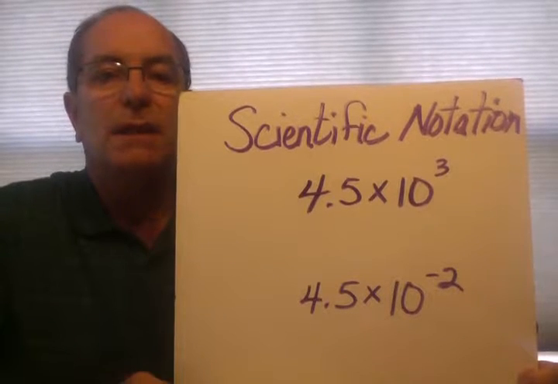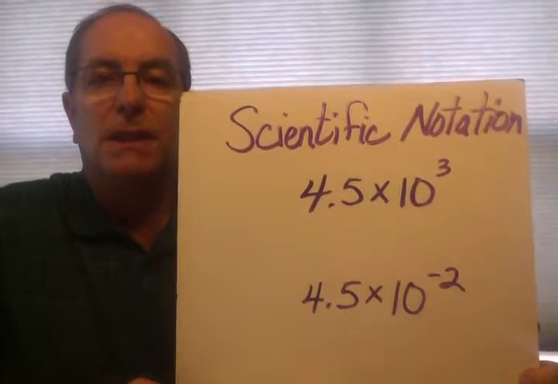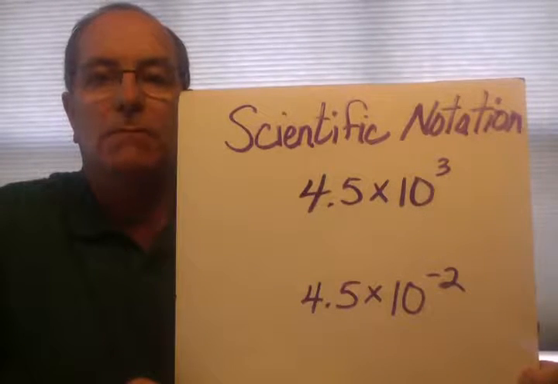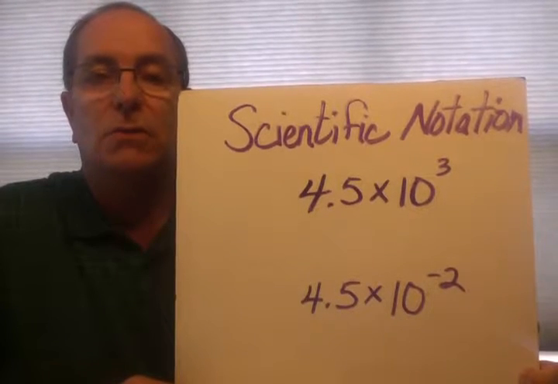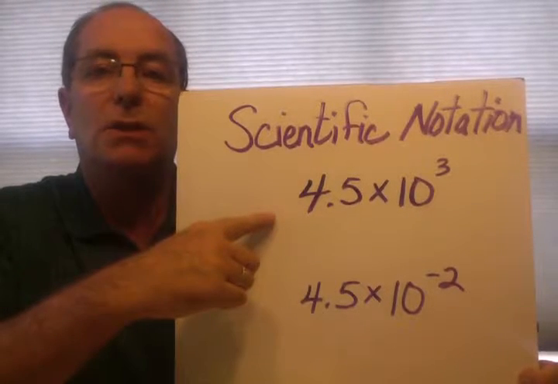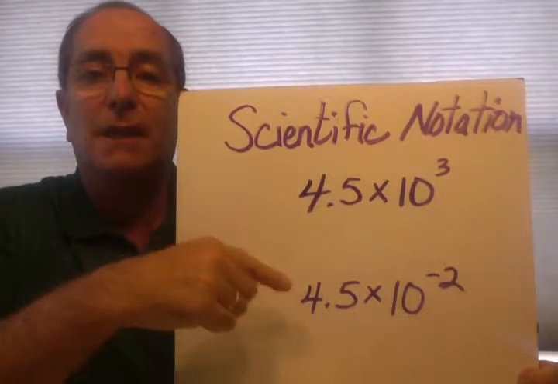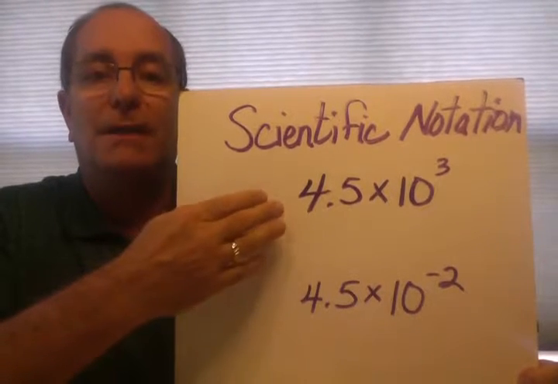With scientific notation, it gives us the possibility of working with some very large numbers or very small numbers in their standard look that a calculator can't even work with because they're so large or so small. We can put them into scientific notation so we can work with them and calculate out numbers. We'll demonstrate that in another video of how that works.